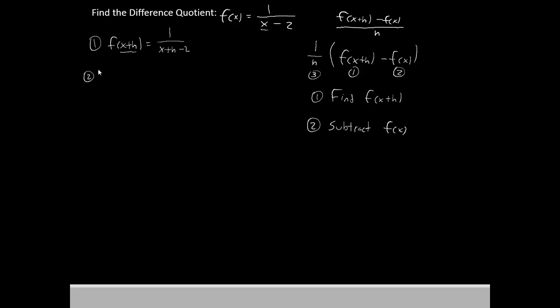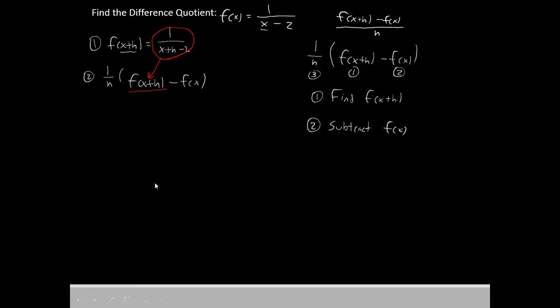To do that, I'd just like to reset up this equation I wrote previously. 1 over h times f of x plus h minus f of x. Well, we know that f of x plus h is this piece right here. We'll plug it in and replace f of x plus h with this that I've circled.